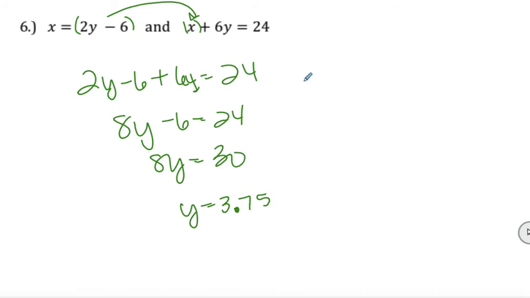Well, let's see. So if I take that and I plug it in, 2 times 3.75 minus 6 is going to give me my value of x. So let's see here. 2 times 3.75 minus 6 gives me a value of 1.5.